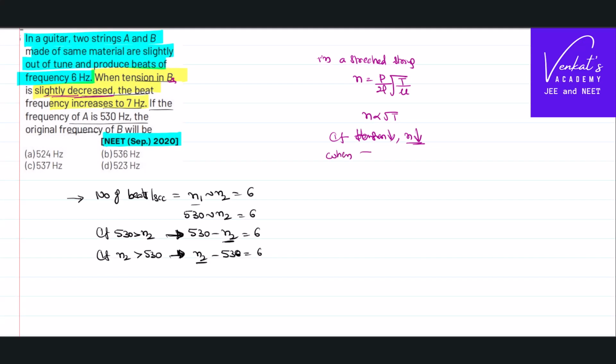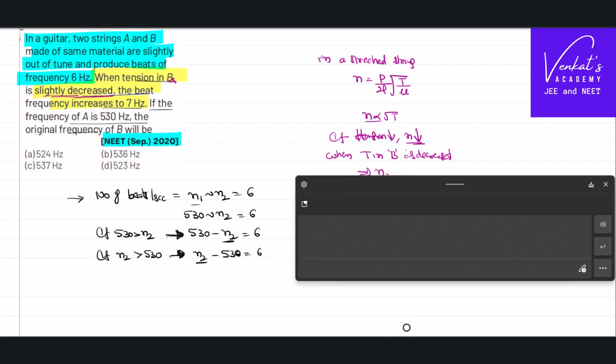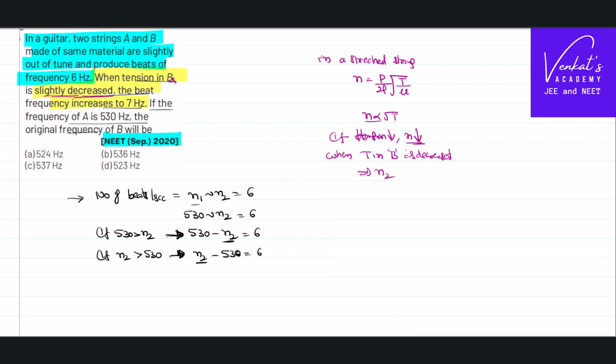When T in B, that is in the second wire, is decreased, it's automatic that the frequency of the second wire, N2, also decreases. So as per the given problem, N2 decreases.